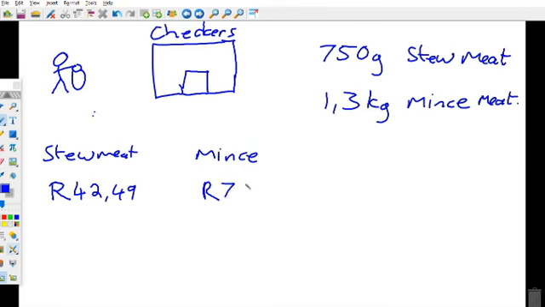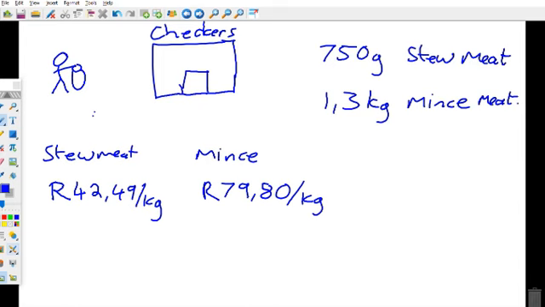You're shopping at an expensive place there. I'm going to say 79.80 for mincemeat. So stew meat's cheaper. It's mostly just bone anyways.